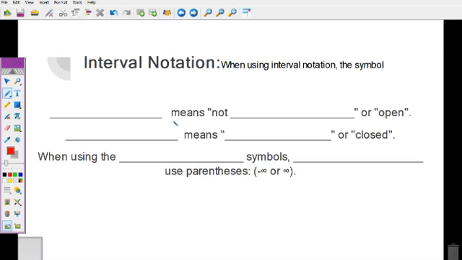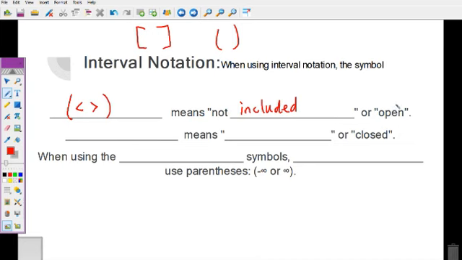Okay, interval notation. So with interval notation, we are including values and not including values, and we're using brackets and parentheses. Okay, so if I have parentheses or the strictly greater than or less than inequality, it means that the value is not included.